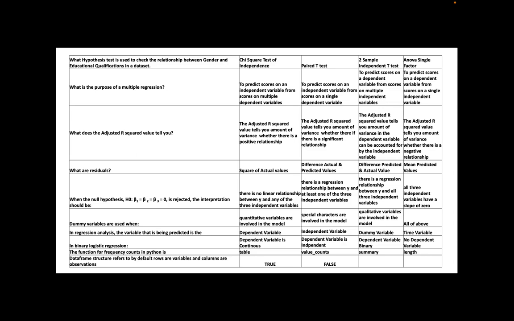So what does the ANOVA test tell you? There is a relationship between the dependent variable and any of the three independent variables. Any of the three, or at least one of the three. At least one of the three independent variables has a relationship.